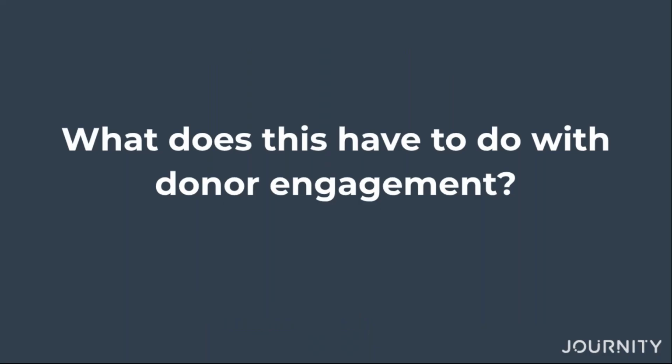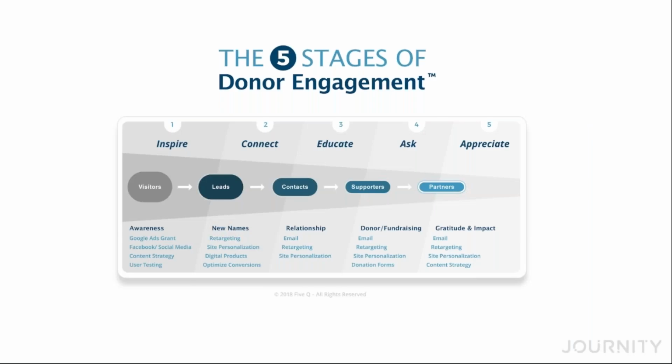You might be asking, what does this have to do with donor engagement? The answer is, it's the tool you use to drive people through the donor engagement cycle. At 5Q, we look at a 5-stage approach. The first stage is reaching out to new visitors who don't know anything about you, and you don't know anything about them, and inspiring them with your content.